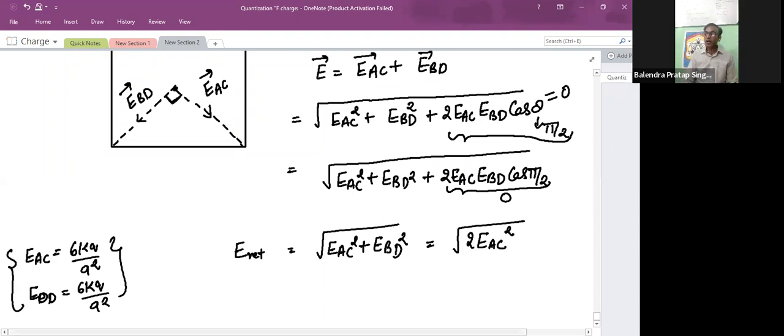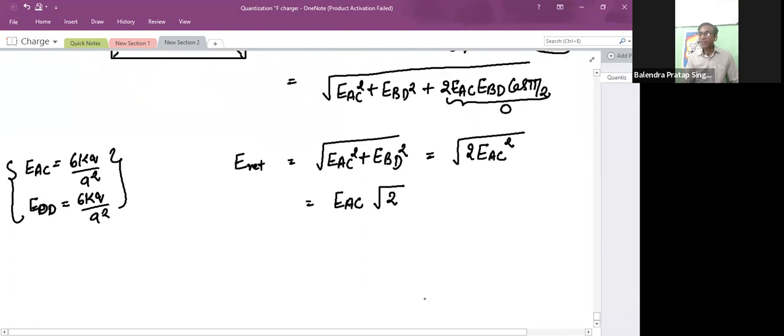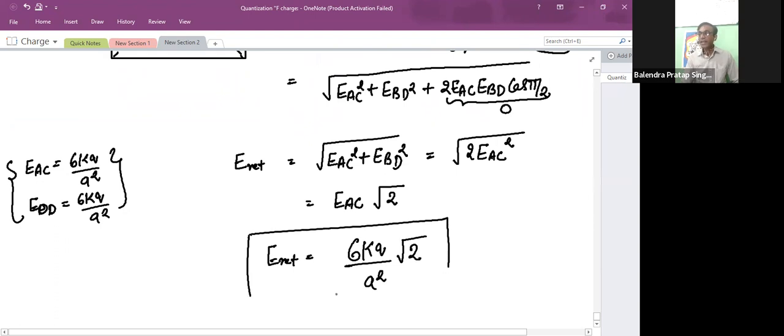We can take EAC common outside, times square root of 2, and the net electric field E is 6KQ by A square times root of 2. This is our net electric field. And what will be the direction?